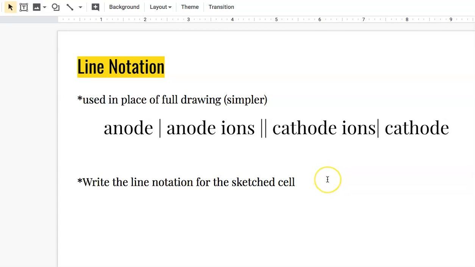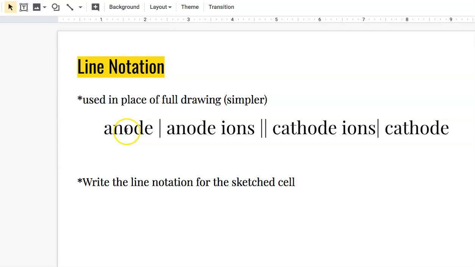Now, because scientists tend to be lazy and they want to do things more quickly, or perhaps you could say more efficiently, we have our line notation that has the anode becomes the anode ions. We put a little double line to separate. And the cathode ions become the cathode.